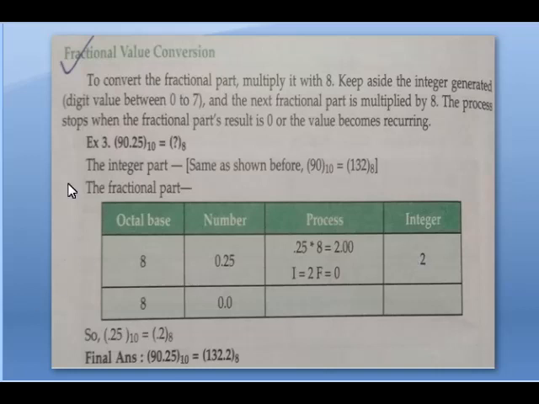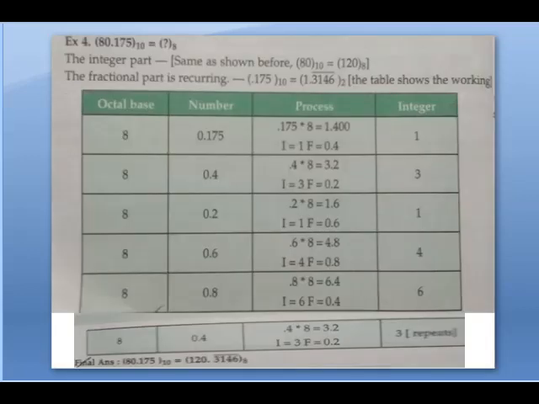In this example we are going to see how recurring numbers occur. Repeating numbers. For example, 80.175 to the base 10 equals question mark to the base 8. The integer part is the same as before and the fractional part is recurring. 0.175 into 8: the integer part is 1, fractional part is 0.4. Integer you have written here, and the fractional part into 8 is 3.2.